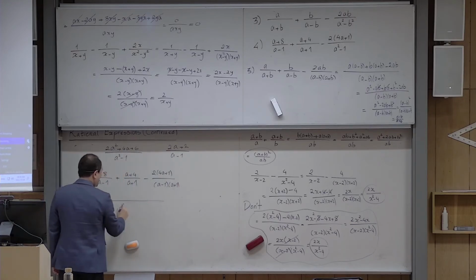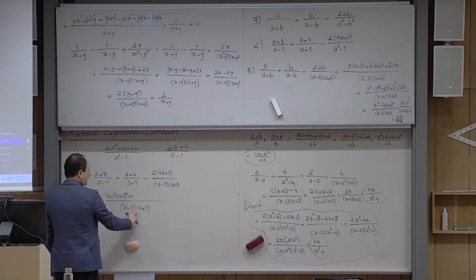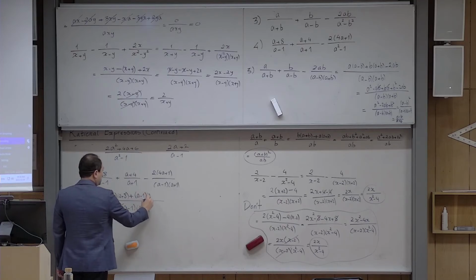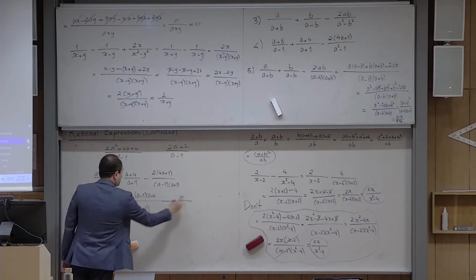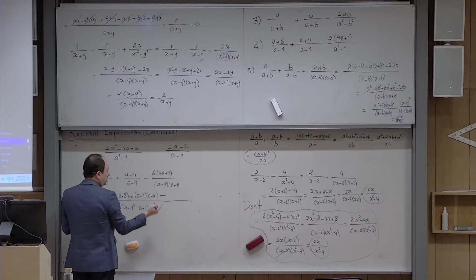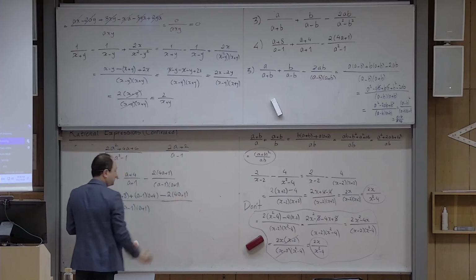Now I realize the common denominator is a minus 1, a plus 1, and this one divided by that is a plus 1 times, so I multiply it into its own numerator. And then I have plus, I divide this by that, it becomes a minus 1, I multiply it into the whole numerator. And then here I have a minus sign, but when I divide this by that, it becomes 1. I multiply 1 into its own numerator, it would not change anything.